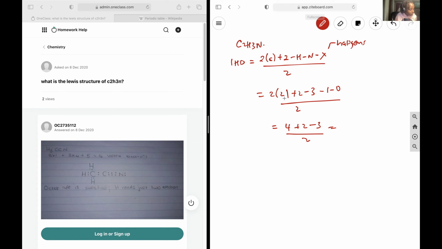Sorry. And this is not going to be equal to 0. So we do know that, sorry, let's just ensure that I've done this correctly. Since it's not going to be equal to 0, we will have a double or a triple bond somewhere.